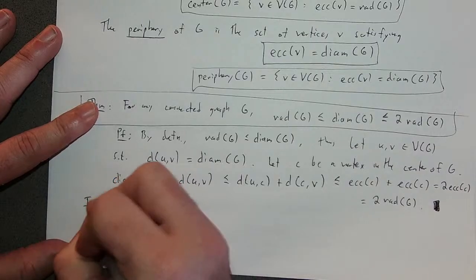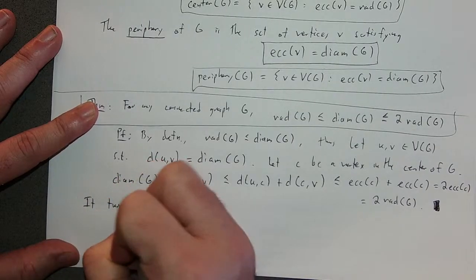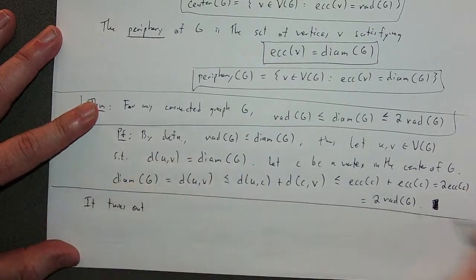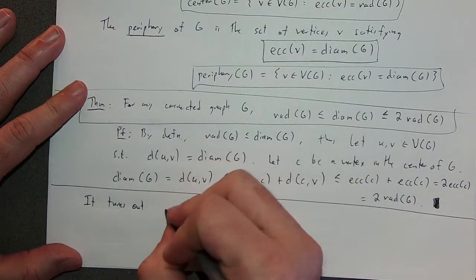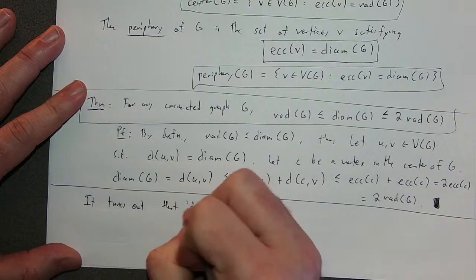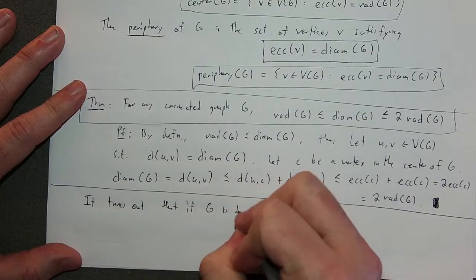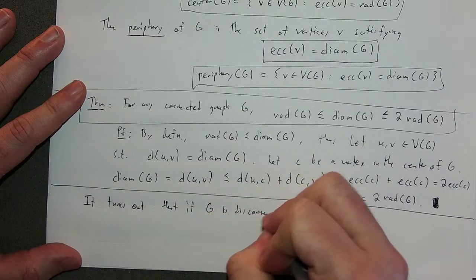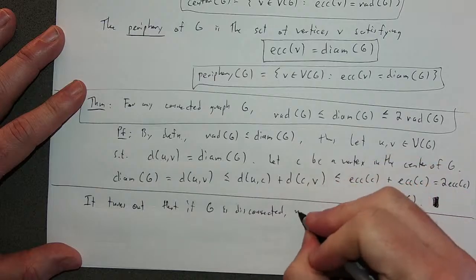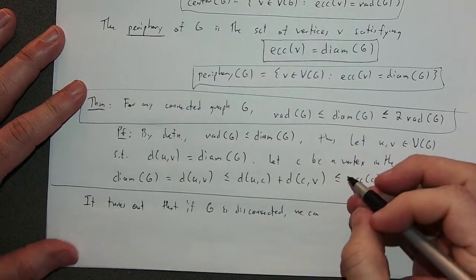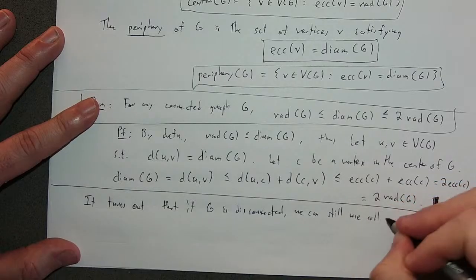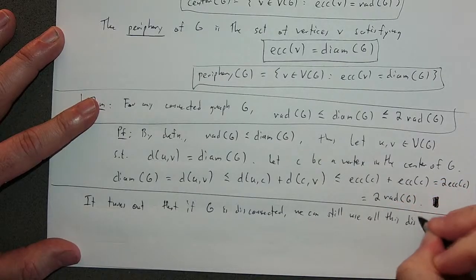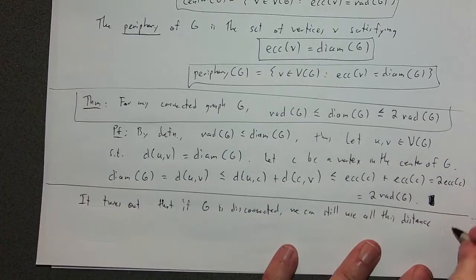It turns out that if G is disconnected, we can still talk about distance in almost the same way. We could still use all this distance stuff. How?